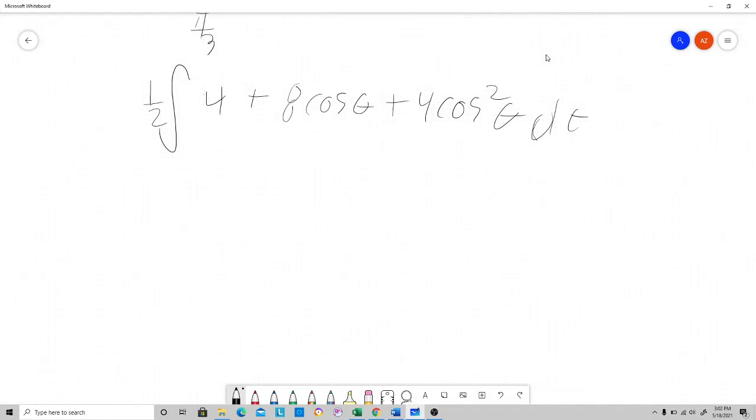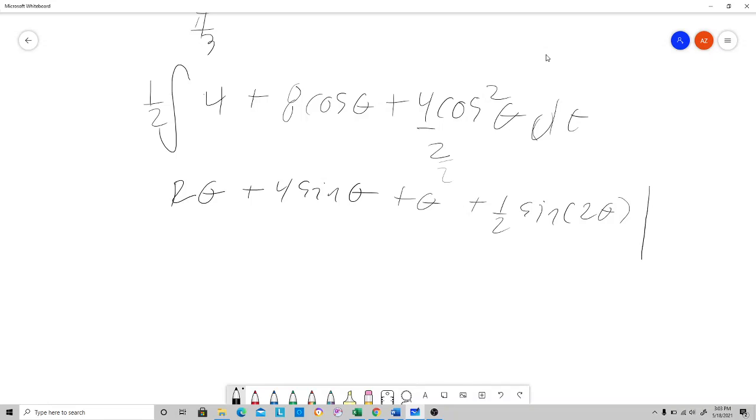So this is going to be 1/2, so this is going to be 2 theta plus 4 sine theta, and then we turn it to the half angle formula. It's going to be 2, and then we come with this 2, this is going to be a 1, so it should just be plus theta, and then plus 1/2 sine 2 theta.